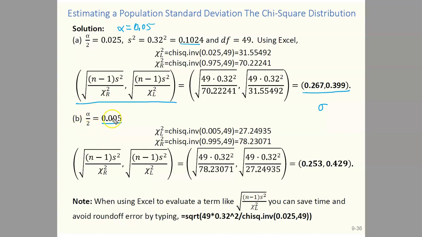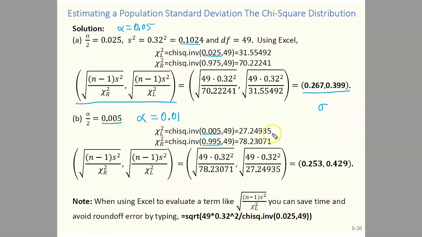Now for a 99% confidence interval, it is the exact same procedure as up here, except we use 0.005 for the alpha over 2. That comes from the fact that for a 99% confidence interval, the alpha is 0.01. That's 1 minus 0.99. And so basically, to find your left and right hand cutoffs, you replace this with 0.005, like right here we have, and you replace the 0.975 with 0.995.